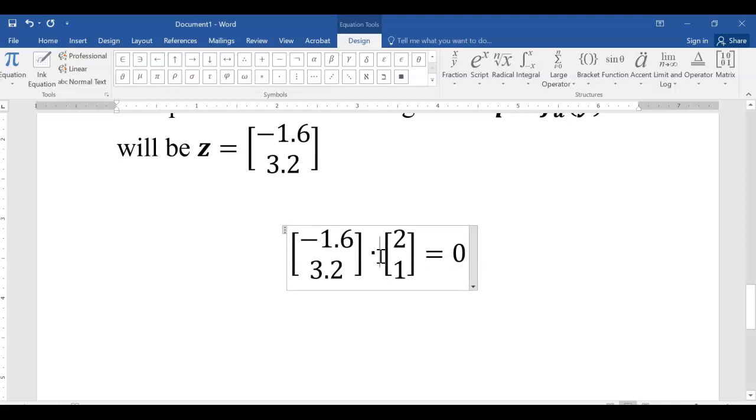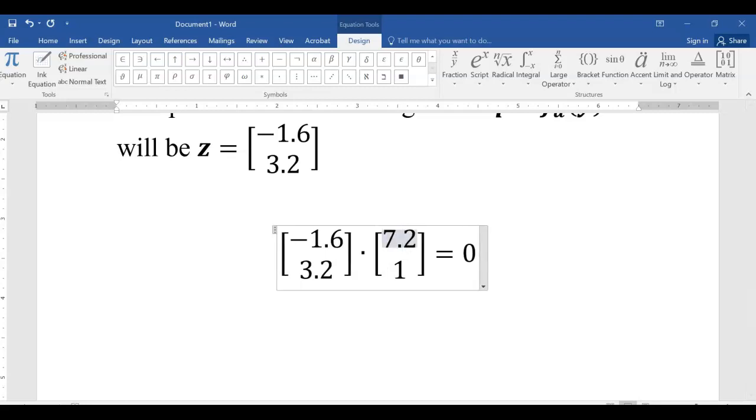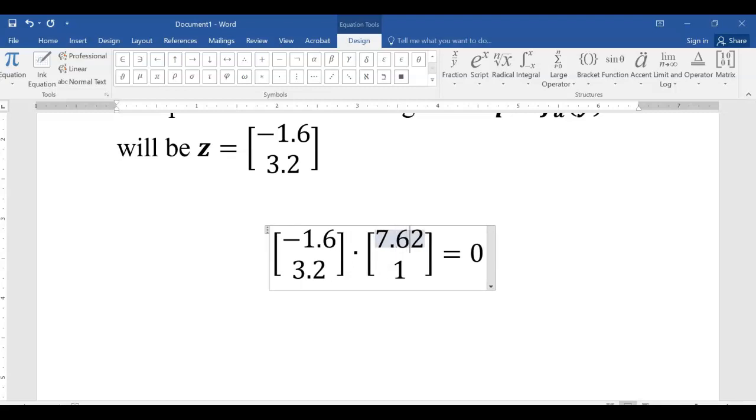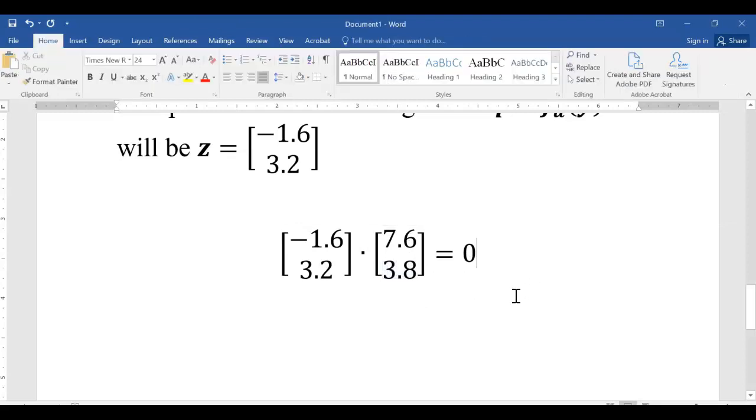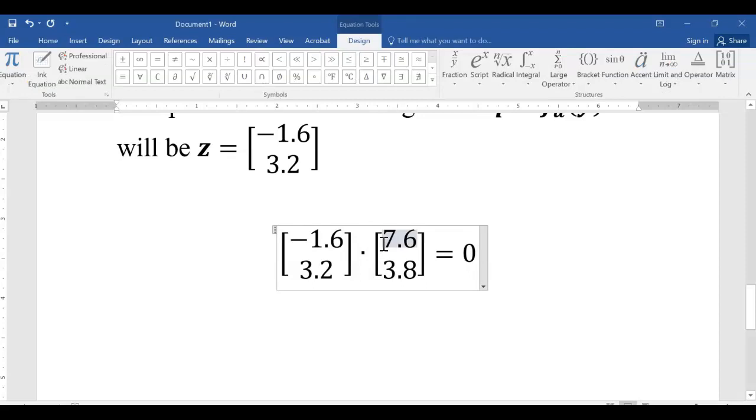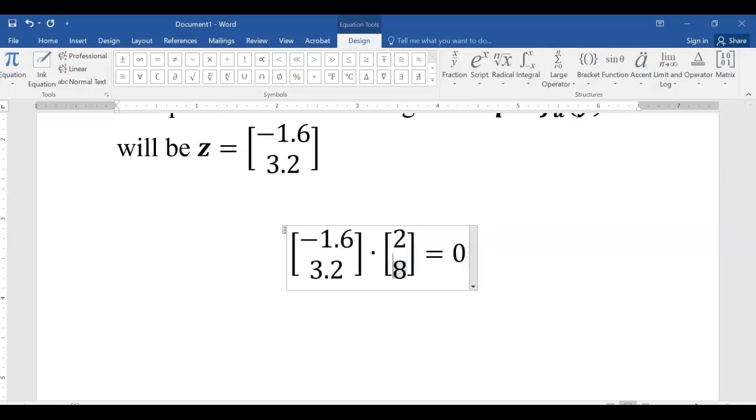Now, it's obvious that the inner product with 7.6, 3.8 is also going to give us 0 because it's just a scalar of my u. So this z I just found is orthogonal to u, and so it's going to be orthogonal to any scalar times u, and my projection is just a scalar times u.